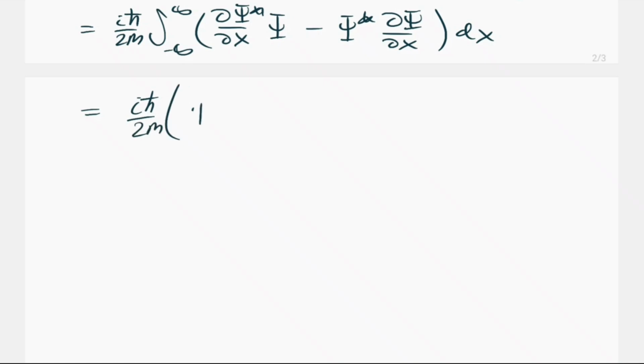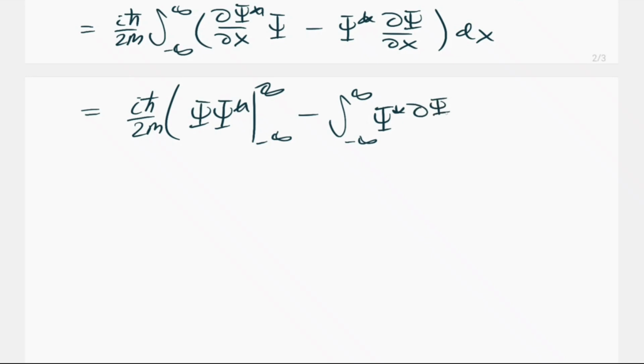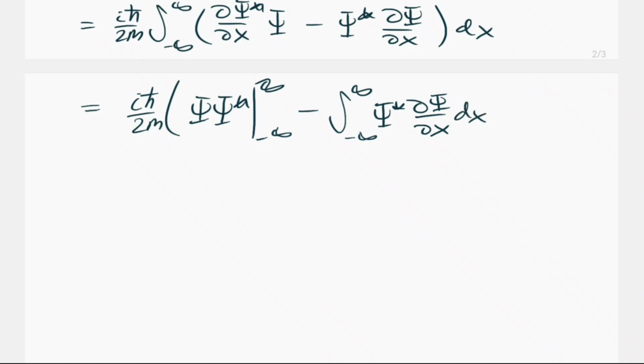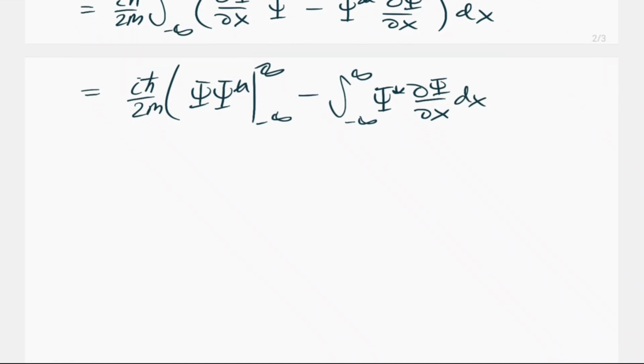We have psi star psi evaluated from negative infinity to infinity, minus the integral from negative infinity to infinity of psi star d psi dx, and then we're going to subtract that one more time.